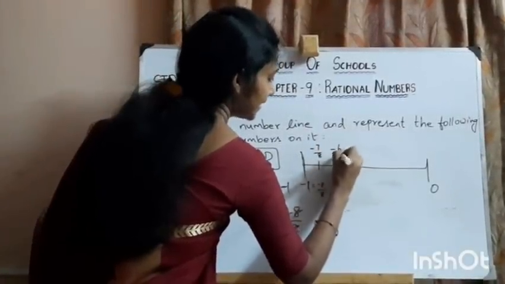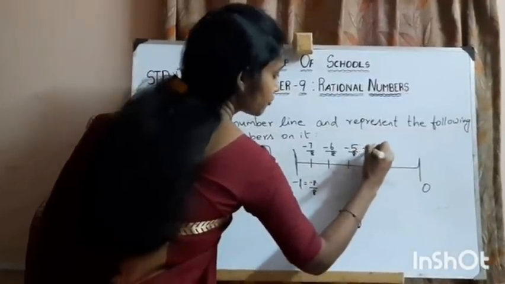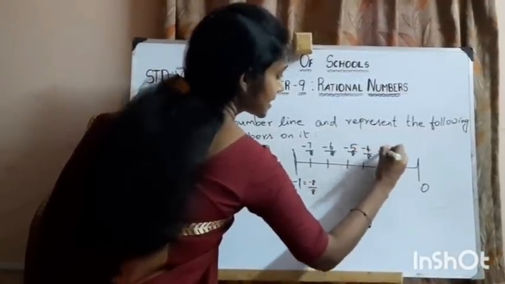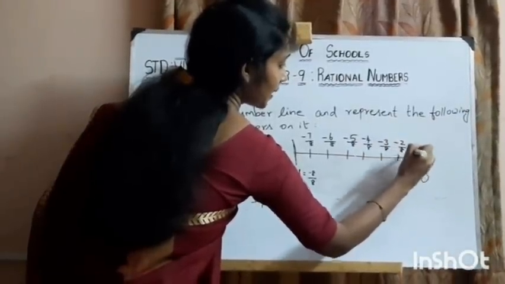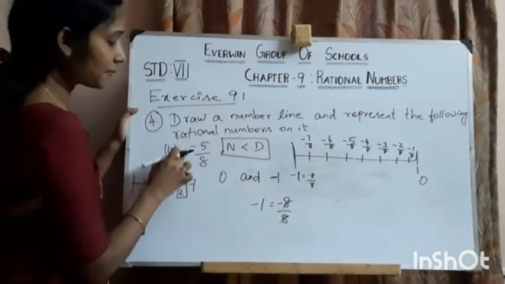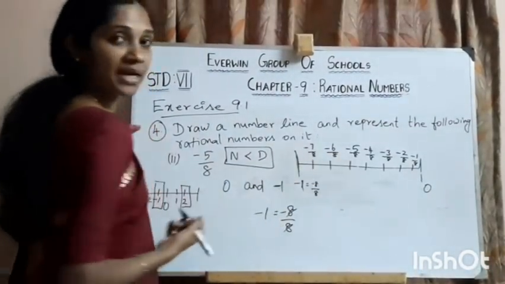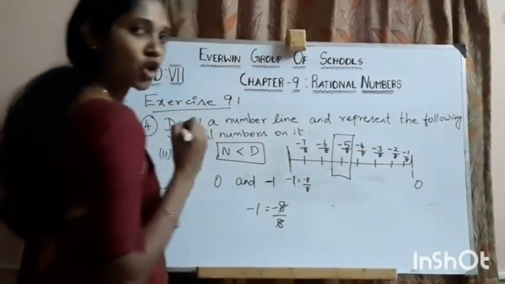Minus 6 by 8. Minus 5 by 8. Minus 4 by 8. Minus 3 by 8. Minus 2 by 8. Minus 1 by 8. Okay, now what we have to plot? Minus 5 by 8. Where is minus 5 by 8? Yes, it's here. Now you got it?